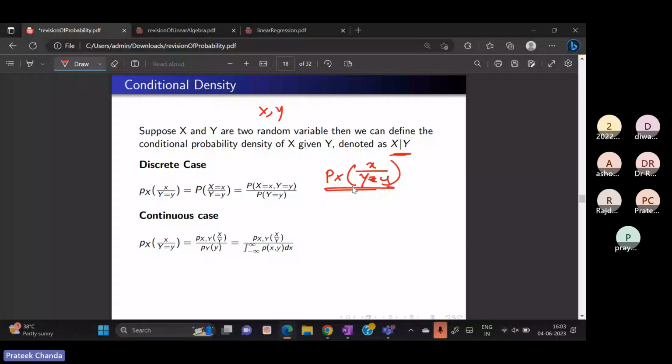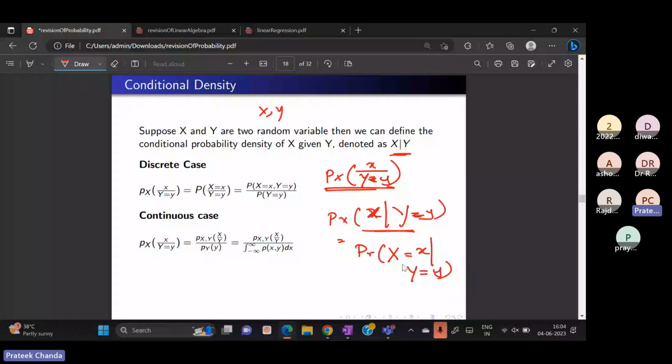This is small x, for example, and this is the same as this. I'll just use a division operator, but it basically means this conditional probability: capital X equal to small x given Y equal to small y. That basically means I can write it as follows.